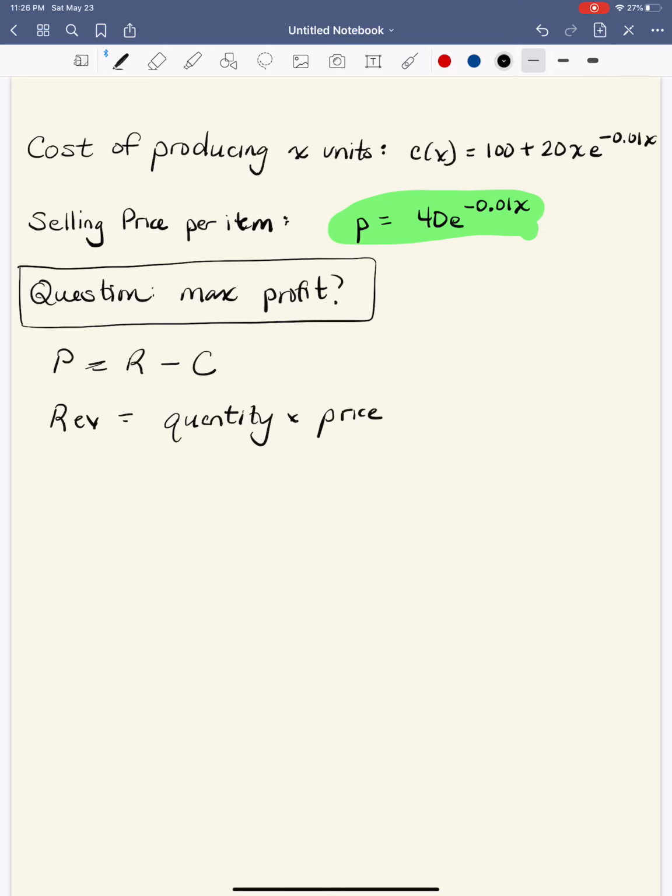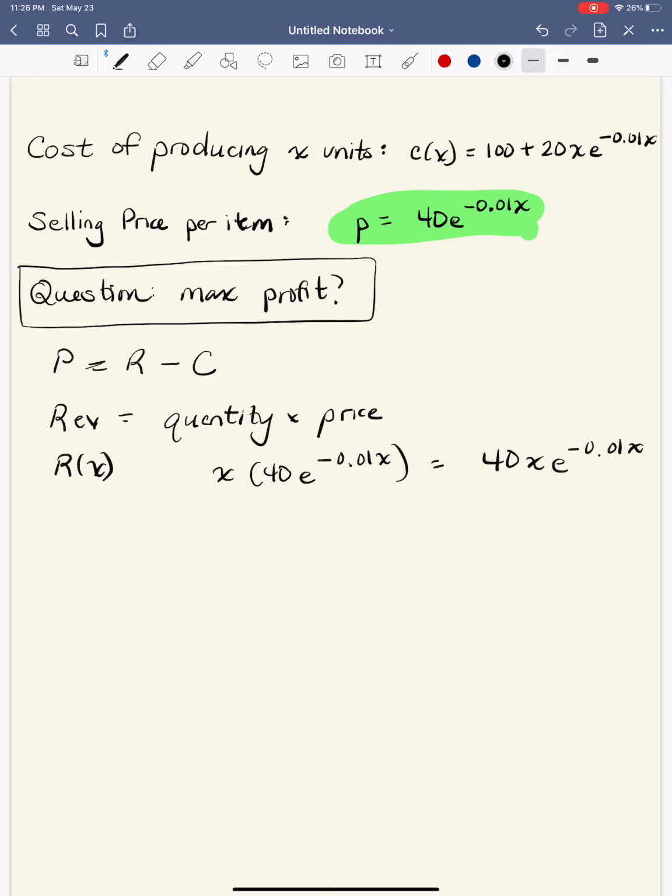So x is the quantity and the price is 40e to the negative 0.01x. So we just usually write that as 40x times e to the negative 0.01x. So there's our revenue. Okay, so that's R of x if you want to call it that.